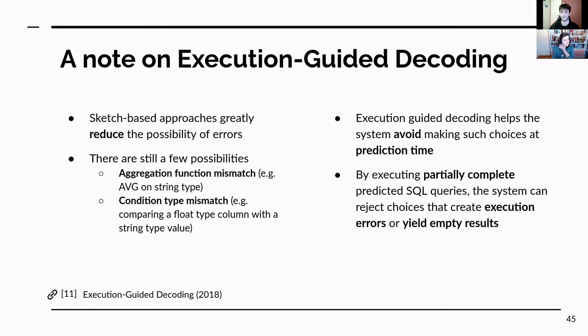So in order to tackle this, execution-guided decoding was proposed, which helps the system avoid making bad predictions that produce semantically incorrect queries at prediction time. And it does so by executing partially complete predicted queries so that the system can see that this query cannot be executed. It returns an execution error, so it's better to avoid this prediction and use another prediction.